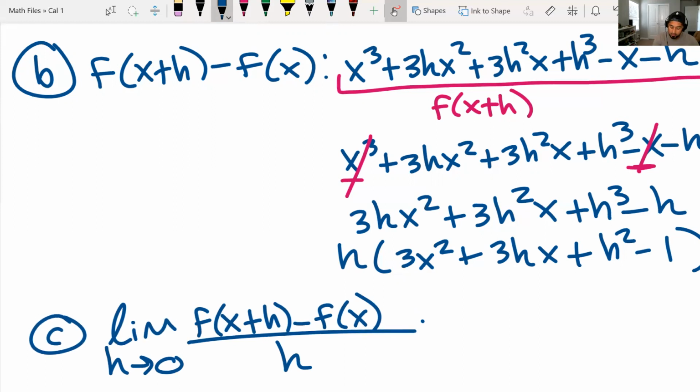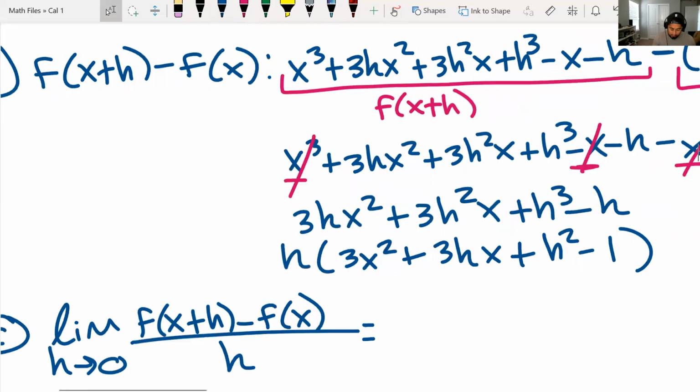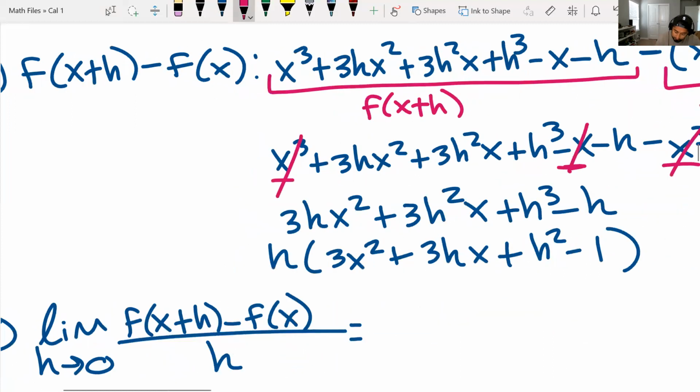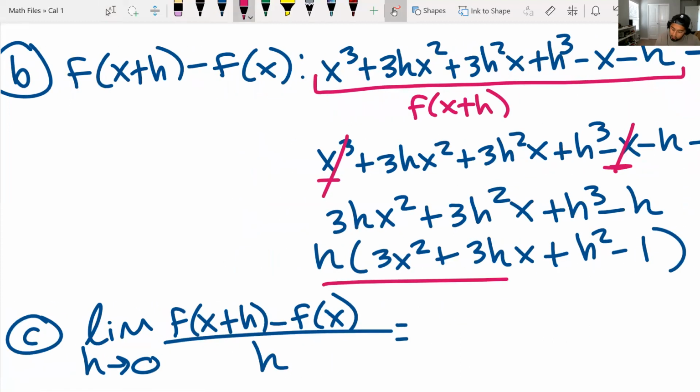Just put equals right now. Well, we know what f of x plus h minus f of x is. That is all of this. So we just bring it down.